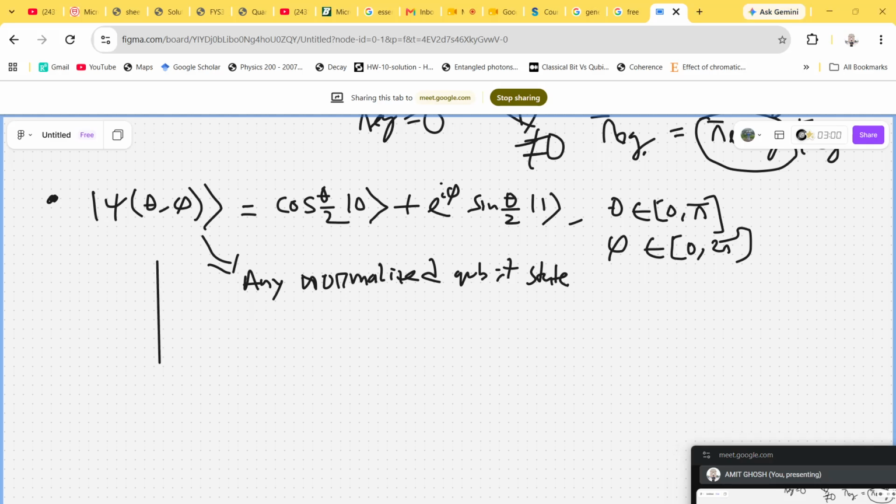Now suppose I add some global phase, just add some global phase, e to the power, some other phase you can take. Suppose I add this, will that change the state?